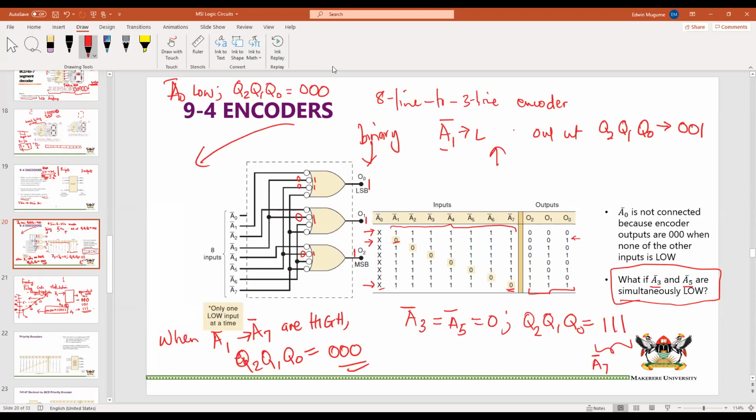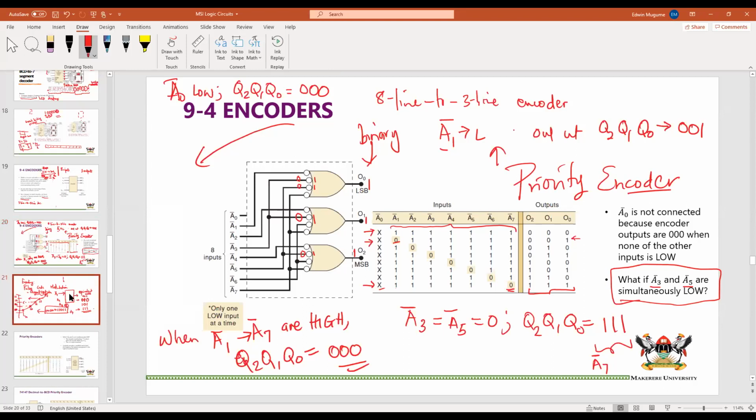So your result is wrong on two levels. First, your output does not correspond to either of the two inputs. It is neither the code for A3, nor the code for A5. So we have a problem, and we need to deal with it. In scenarios like these, we have another type of encoder that we call a priority encoder.